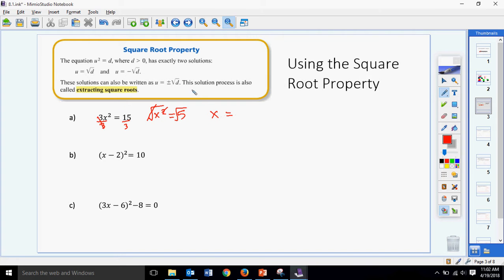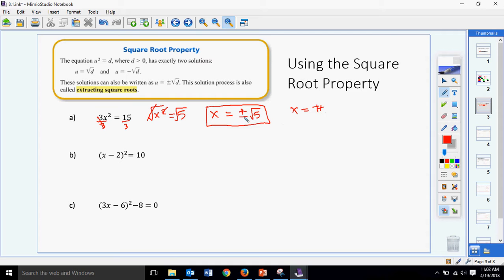And because of the square root property, I'm going to have two answers. I'm going to have plus or minus the square root of 5. Anytime you square root both sides, you're going to have plus or minus. So that's my answer. If you were asked to put it in decimal form, you would type in your calculator the square root of 5 and you'd get some number.